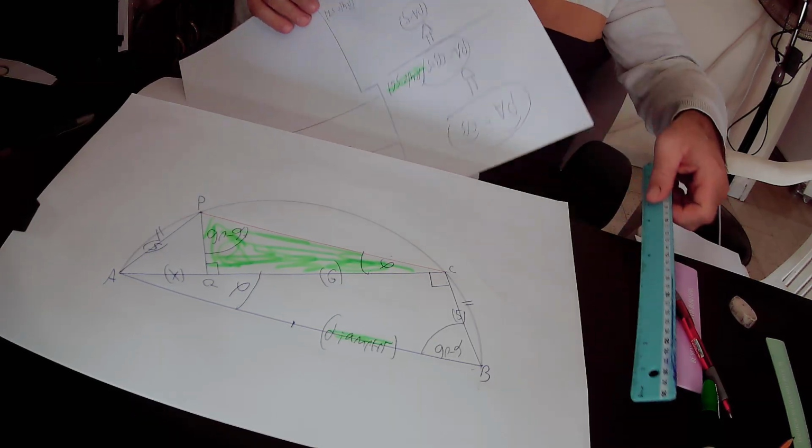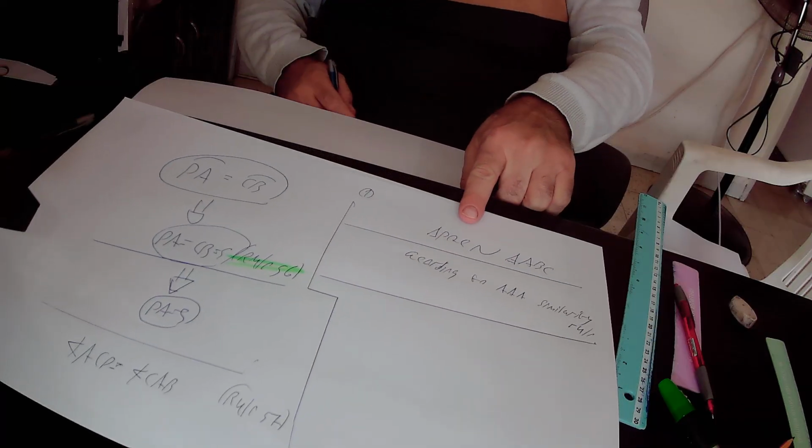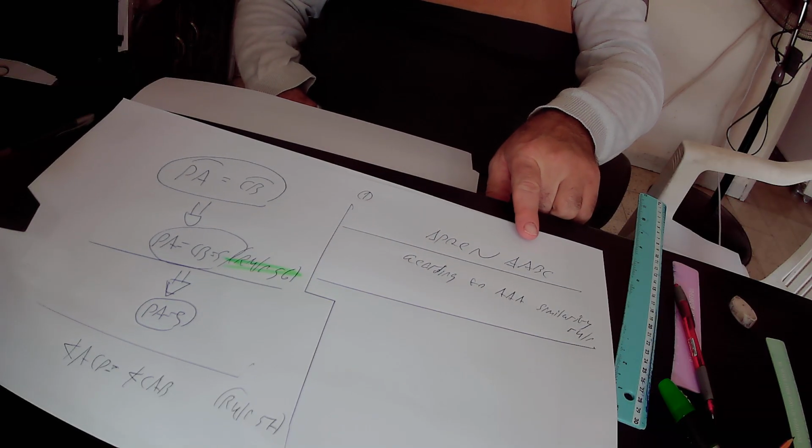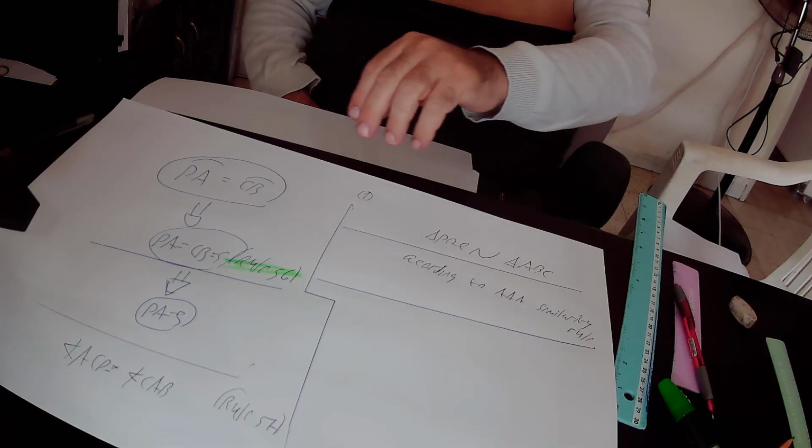Again, the right green triangle PQC is similar to the right lower triangle ABC according to the angle similarity rule.